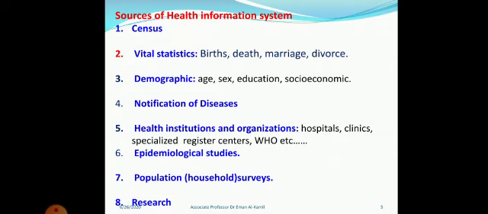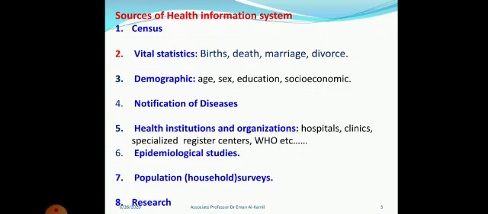What are the sources of the health information system? First, we are going to discuss this individually. The most important sources of health information are census; vital statistics, which include births, deaths, marriage, and divorce; demographic information, including age, sex, education, socioeconomic condition, occupations; and also notification of disease.